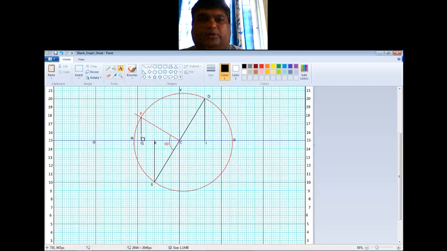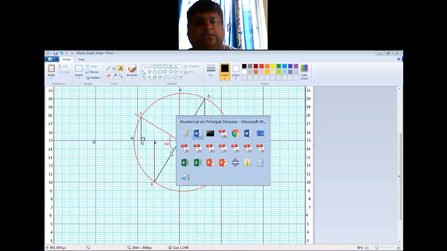Now, if you go on shifting this point and bring it along such that CP is on the x-axis, then the shear stress will be 0. Now, if you move this point towards the right, and if P comes to Y, that is the maximum value of shear stress you can have, right? So that is why I said the radius of the circle is the shear stress.